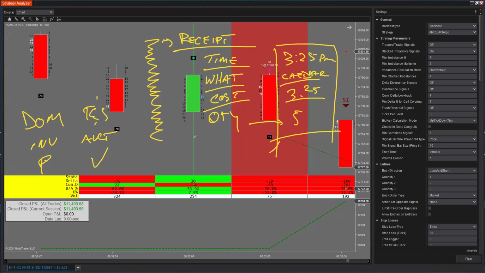This is exactly what's happening in the time and sales. It's showing what time the order came in. Obviously, what you're buying is what you're viewing, which would be NQ. It shows the time of the order, the cost, in other words the price at which you executed your order, the quantity, how many contracts you executed, and whether it was buying or selling.